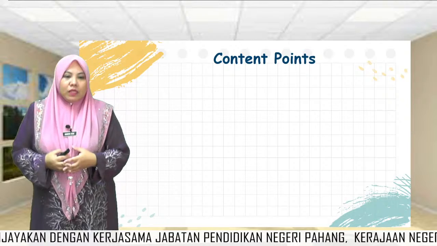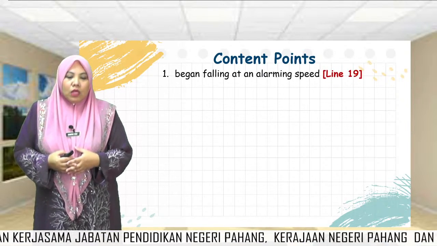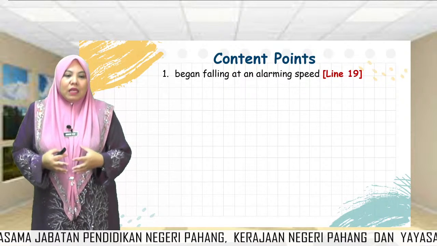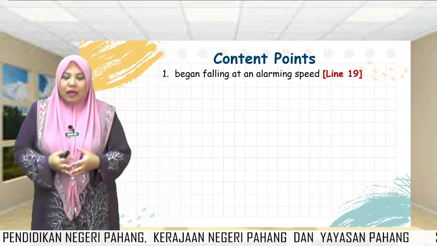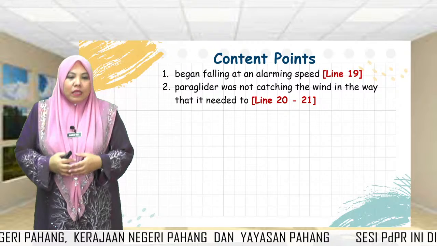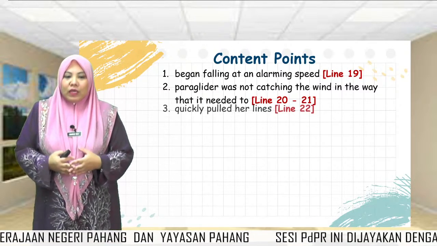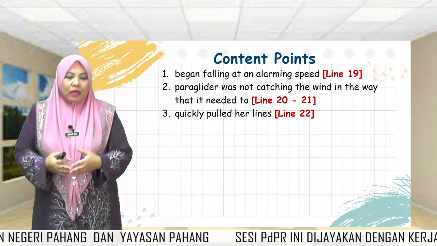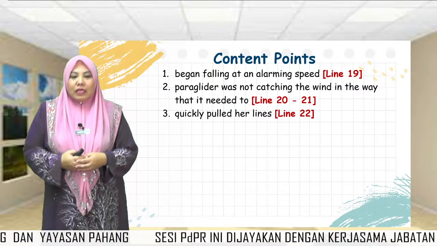In case you missed the points, let me recap all the content points for you. Number 1, begin falling at an alarming speed, which you can locate in line 19. Number 2, paraglider was not catching the wind in the way that it needed to, in lines 20 to 21. Point number 3, quickly pulled her lines, line 22.